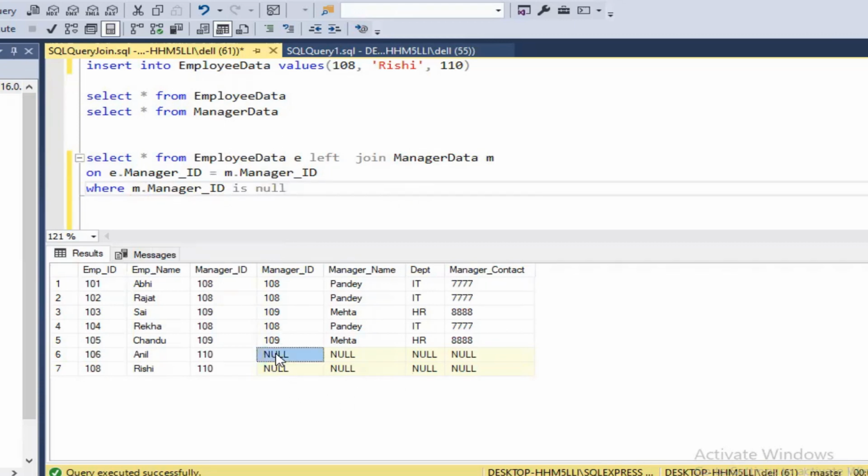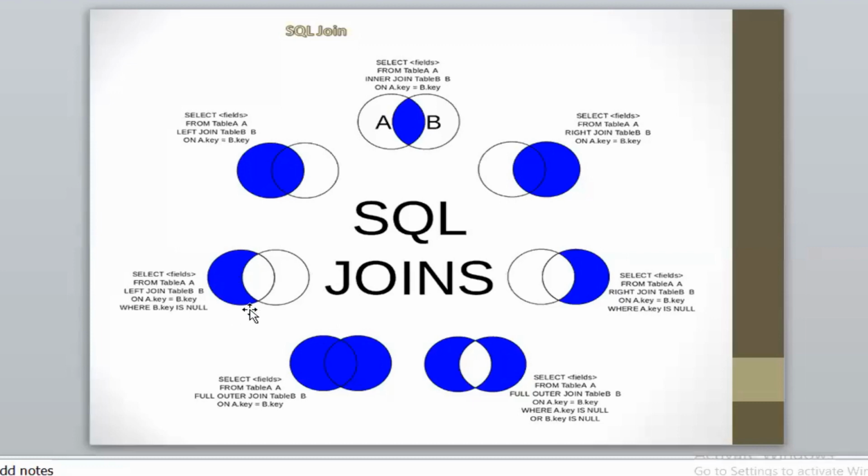Where manager ID is null, that means it will give me only these two records. This join doesn't have any name. This is part of left join only, and this is part of right join only. But this diagram is giving you an additional feature, that with the help of left join we can achieve this kind of result also.